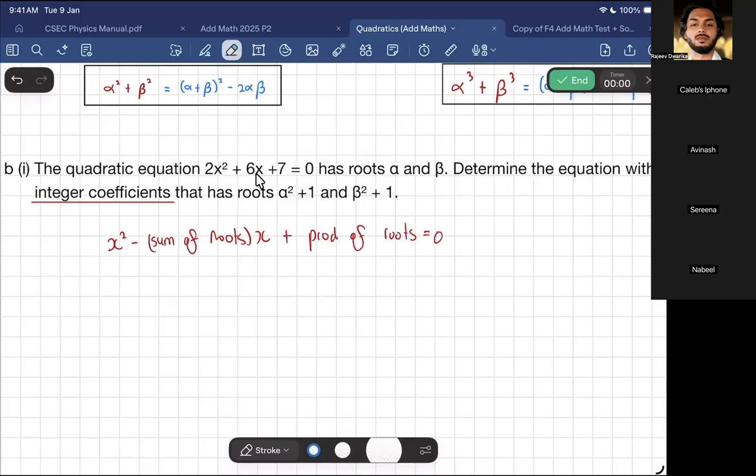But I need to write my answer. I need to determine the equation, right? But it must have integer coefficients. So the coefficients cannot be fractions.